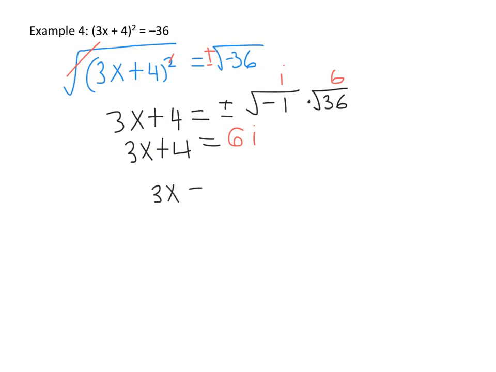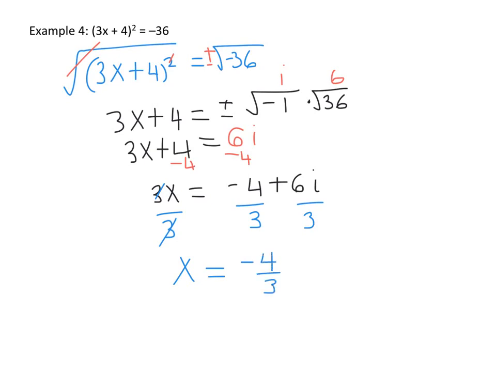So 3x is equal to, I subtract 4 from both sides. So what do I get? Minus 4 plus 6i. And then I still have 3 on this side, so I divide everything by 3 and see whether I can simplify. So I get x equals negative 4 thirds plus 2i.